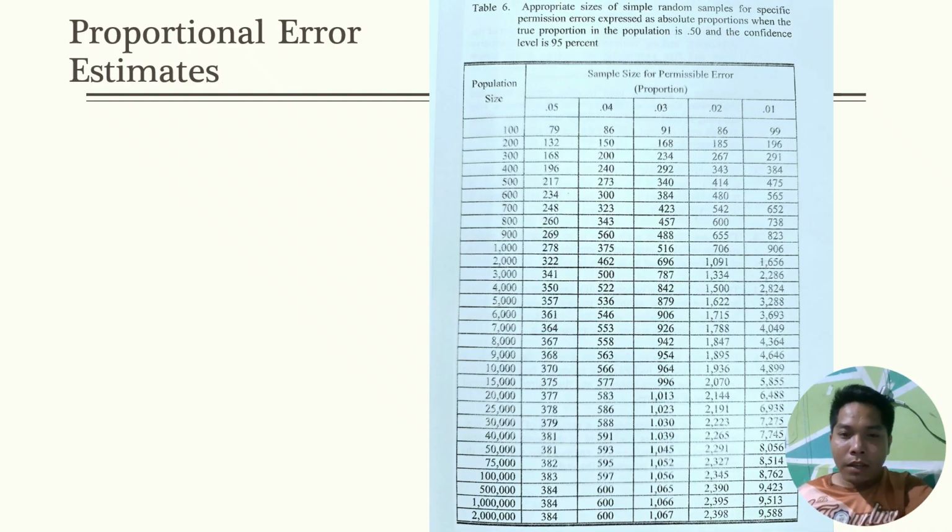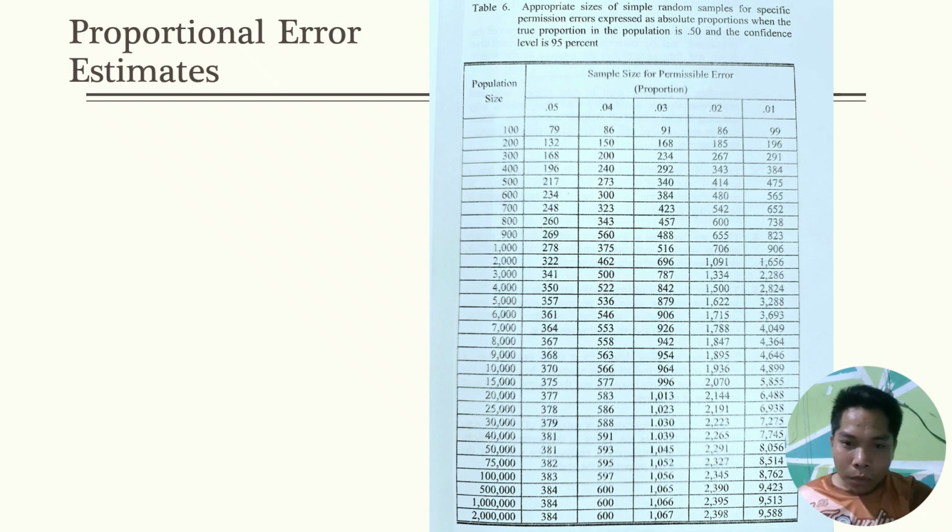You can just get from the table the number you need. So from the previous example, with a population of 1,000 and 5% error, you need at least 278 participants.